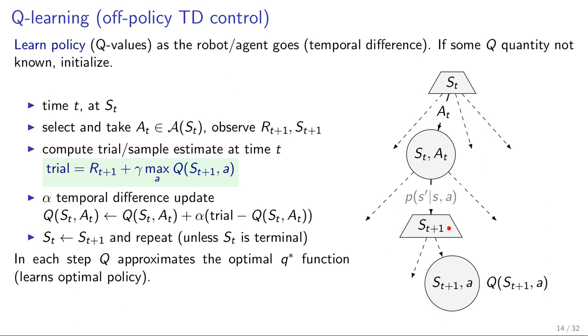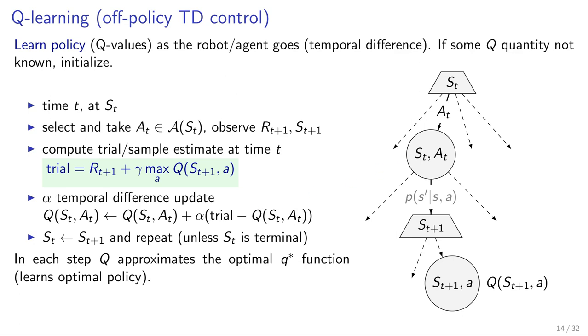I end up somewhere. And then again, from here, I can do different actions, and the Q values I have already stored. So that's the model I'm building up, not the model of the environment, but just the model of the Q values.